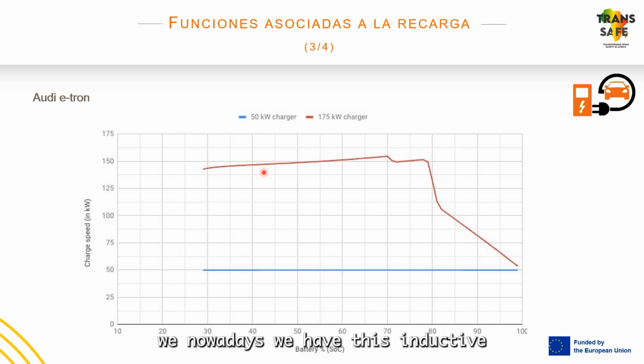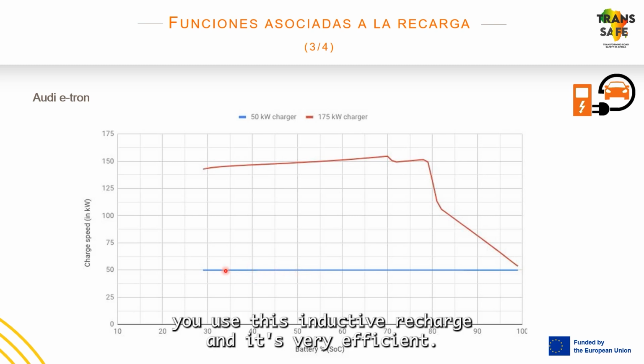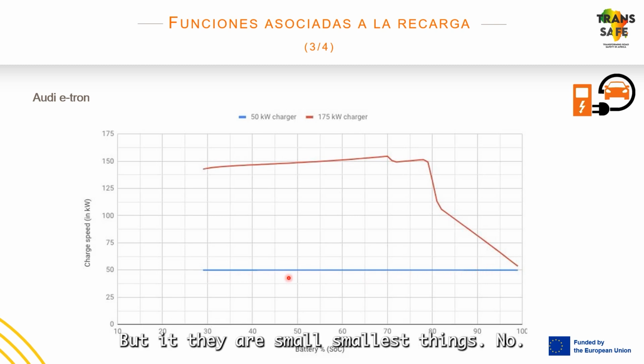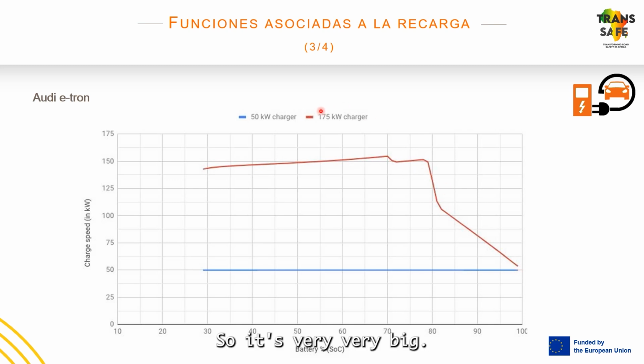Nowadays we have inductive recharge also in smartphones and smartwatches, and it's very efficient. But those are very small things. A vehicle can weigh 2,000 kilograms, so it's very big. So this is the first challenge: positioning.